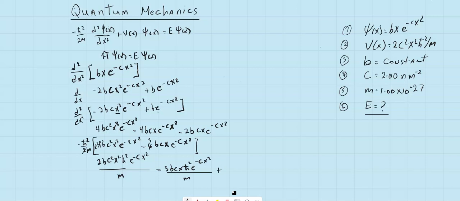My potential is going to be plus 2 c squared x squared h bar squared over m, times my function, which is b times x, b of x e to the negative c x squared, is equal to E times psi of x, which is b x e to the negative c x squared.